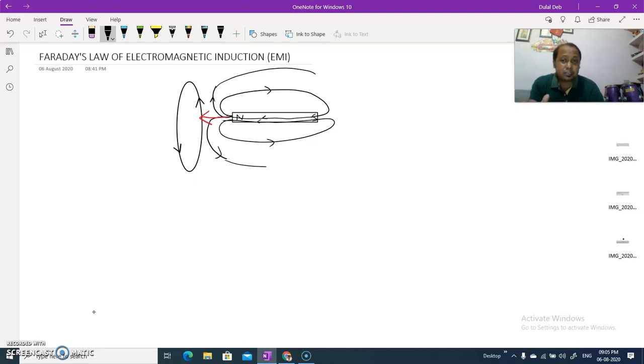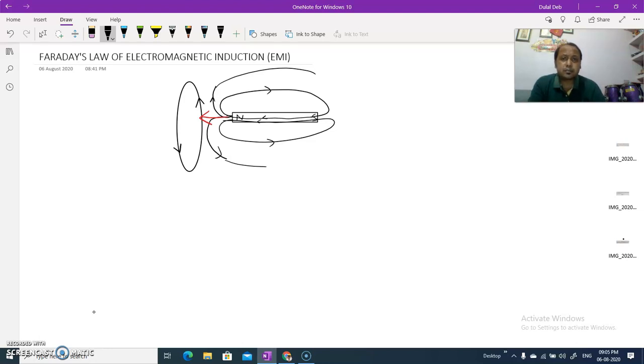The word induced is used here because no actual source is there. The current which we are getting here is known as induced current, because we don't have any source of current.